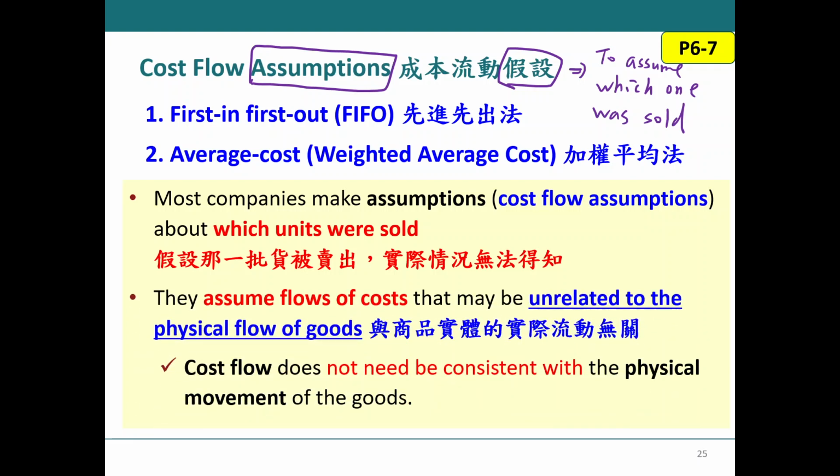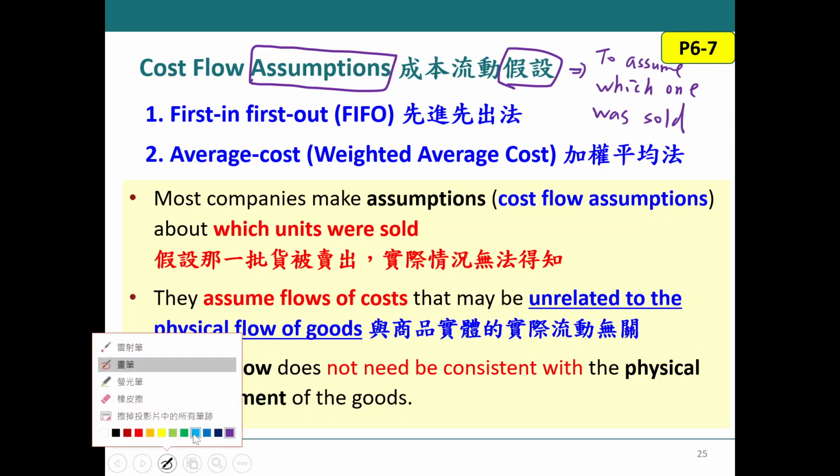So that's why it's unrelated to the physical flow of goods, which means it's unrelated to true situations, because we don't know the true situation. That's why we make assumptions.